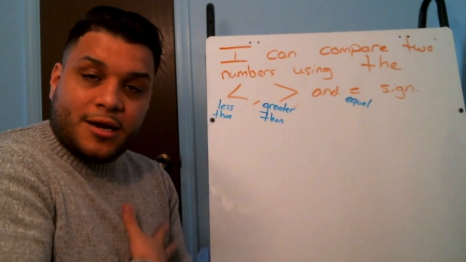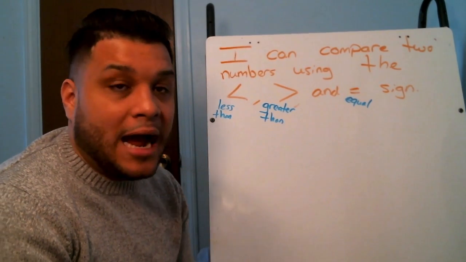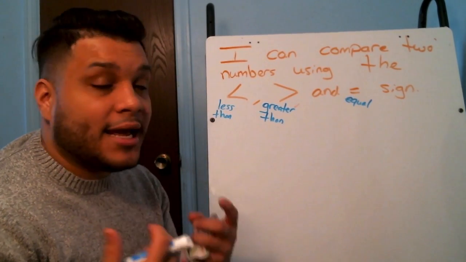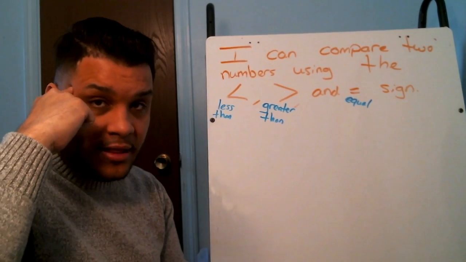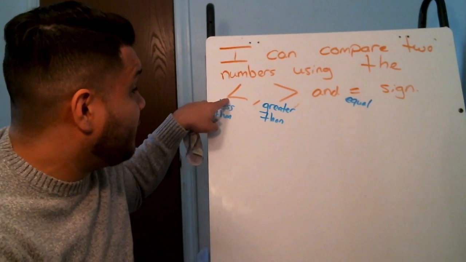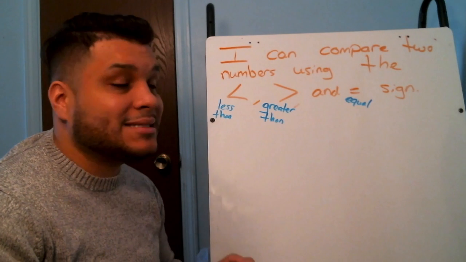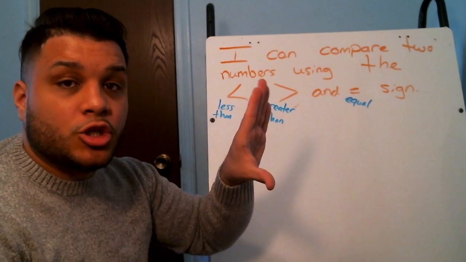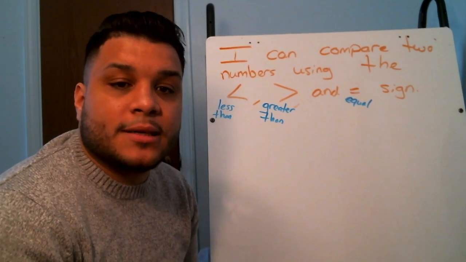We want the alligator to be nice and full so that he has no space to chomp on our hands. So the alligator always eats the greater number. Remember that. The alligator has its mouth closed to the smaller number, but it has its mouth wide open to the greater number.